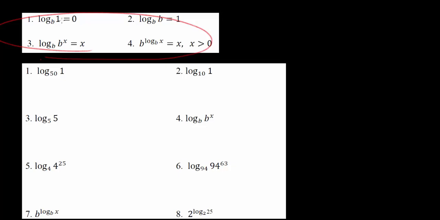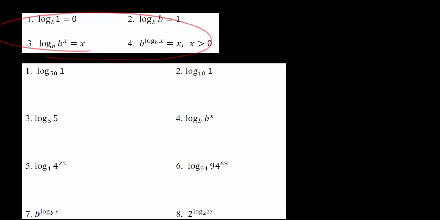So anytime there's a logarithm of 1, no matter what the base is, it will equal 0. This is the logarithm of b base b, and it equals 1. So when the logarithm is the same as your base, it will equal 1.